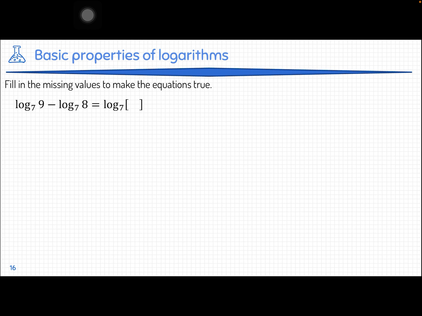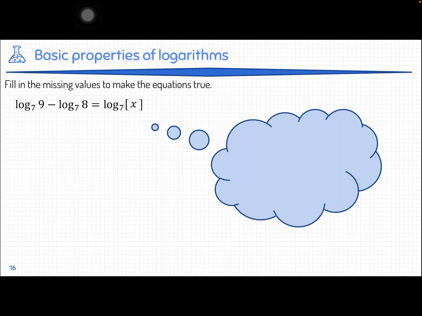With this overview, I'm going to start with this expression that is logarithm base 7 of 9 minus the same logarithm base 7 of 8, and that must be equal to a logarithm base 7 of something. We need to find what would be the value here, or the expression. So here I'm going to call that x, just to use a letter that represents the space that I need to fill in.